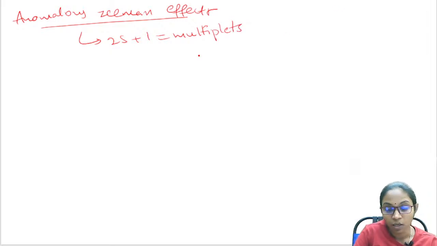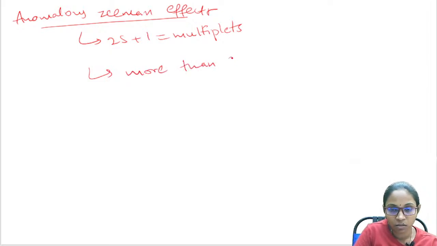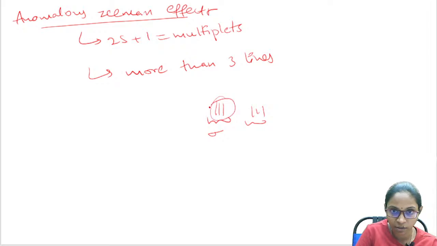That means you will find more than 3 spectral lines which will have different wavelengths and different frequencies. In the normal Zeeman effect you will observe that all the 3 lines, pi and sigma, will have the same wavelength and same frequency. But coming to the anomalous Zeeman effect, you will observe one more line here.